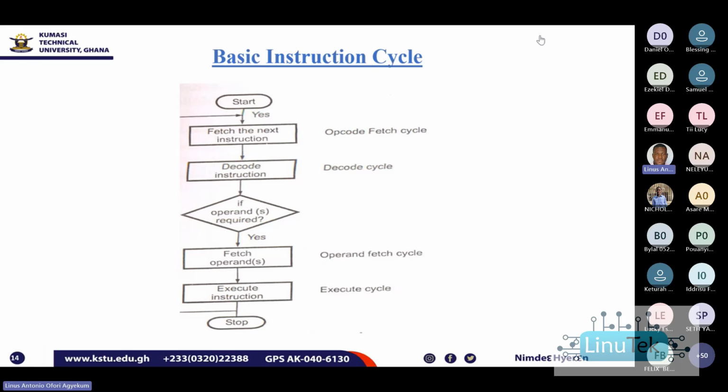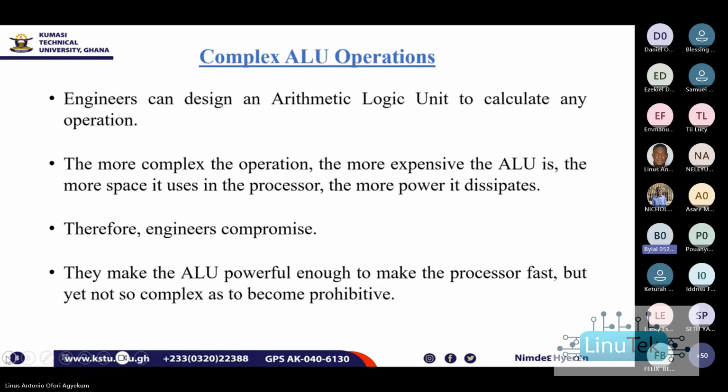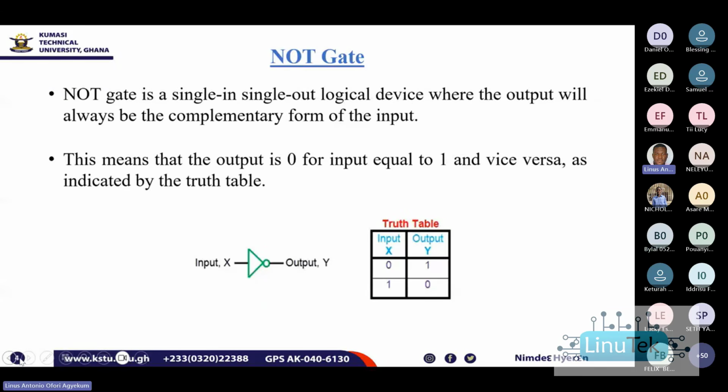Okay, let's go back there and see if indeed they are the same. We have a NOT gate, isn't it? And we're saying that the NOT gate has only one input and one output. Since we are dealing with binary, the input could either be a 0 or a 1.